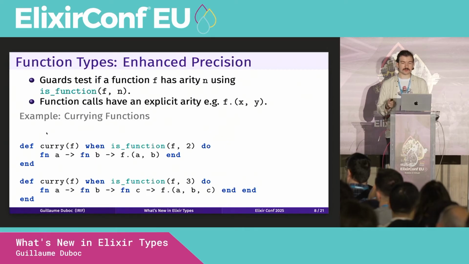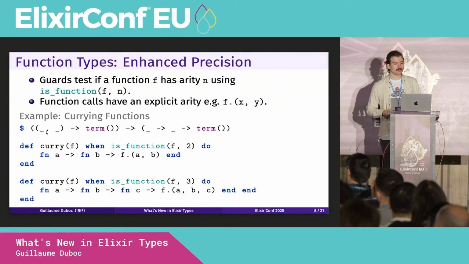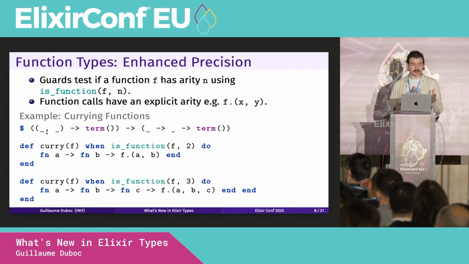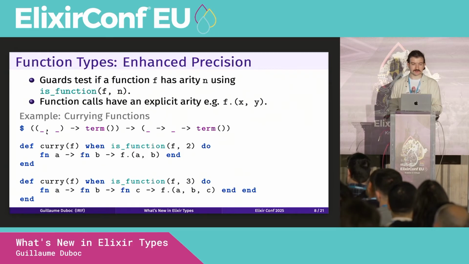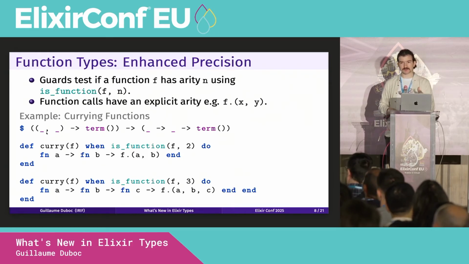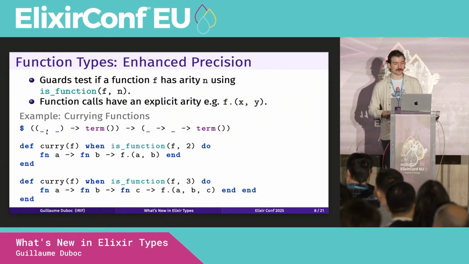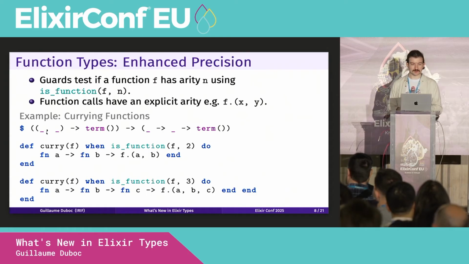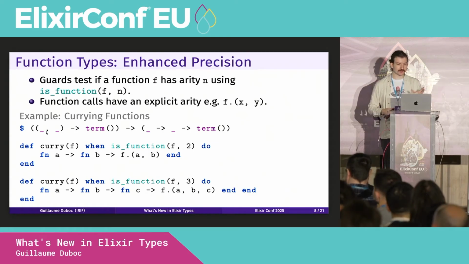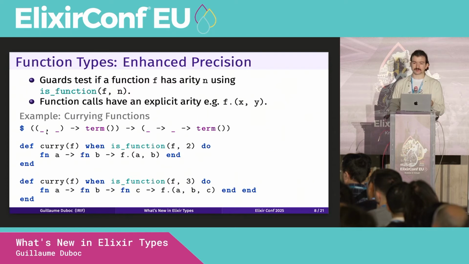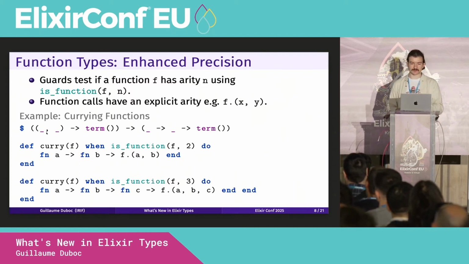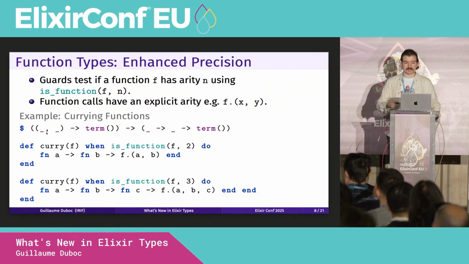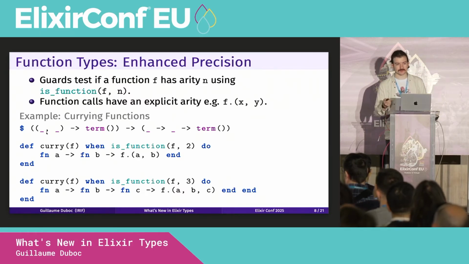And with the proper representation for functions, you could write a type annotation for that. So this corresponds to the first head of the function. We receive a function of arity 2, and we return a function that returns a function that returns any value, because that's what we gave to the function in the first place.